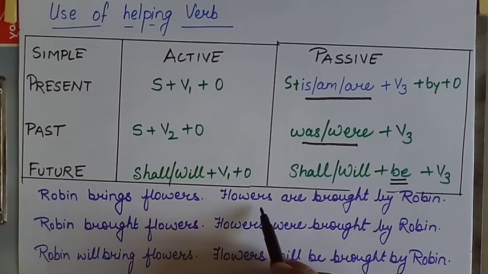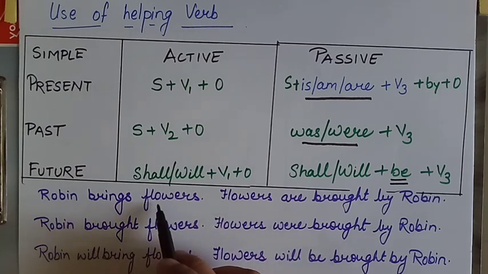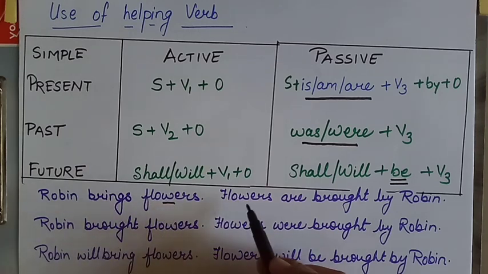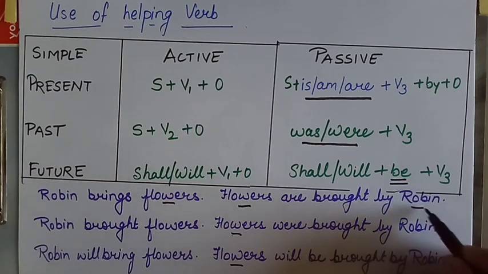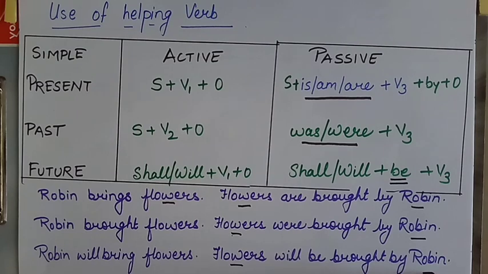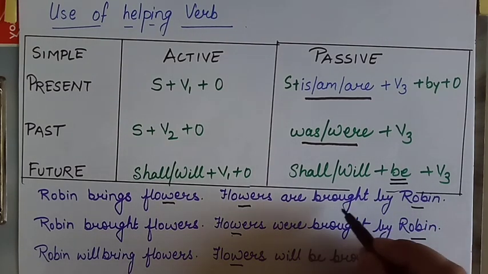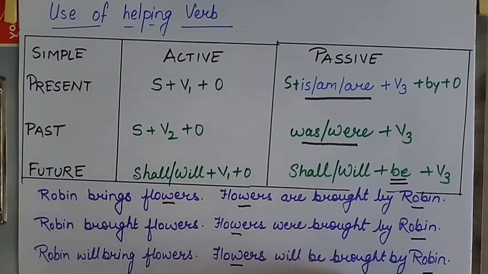Now, if you notice the conversion, flowers, which was the object, is our new subject in all the cases, right? Robin, which was the subject in these sentences, is acting here as an object. By is also common in all three sentences. Verb third form is also common in all three sentences.